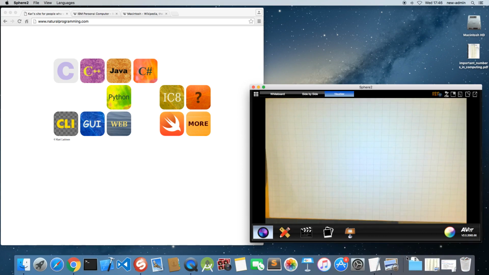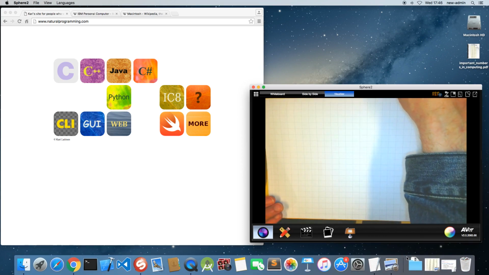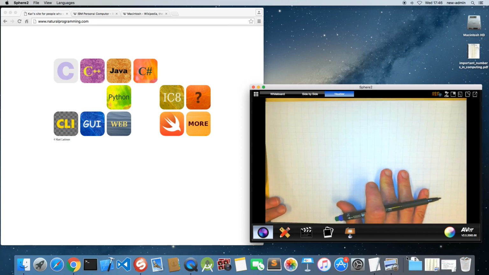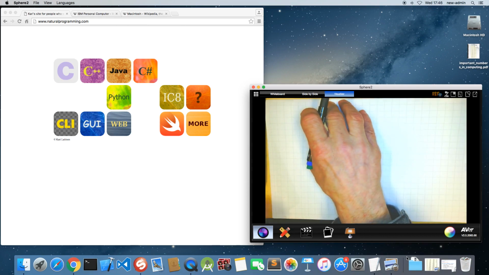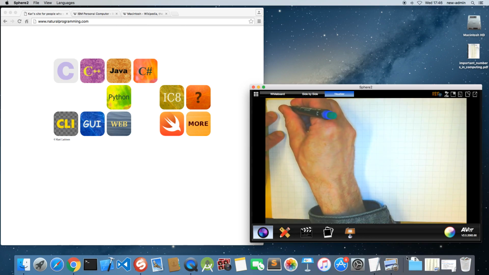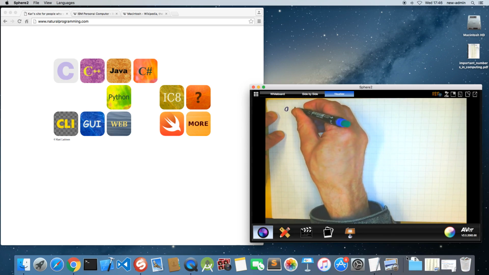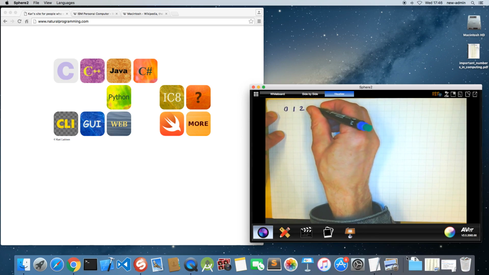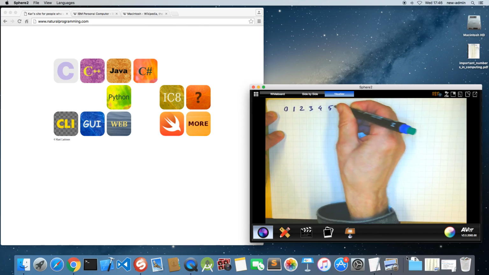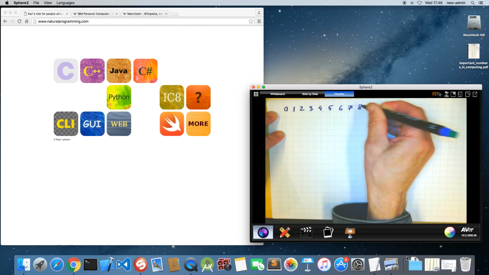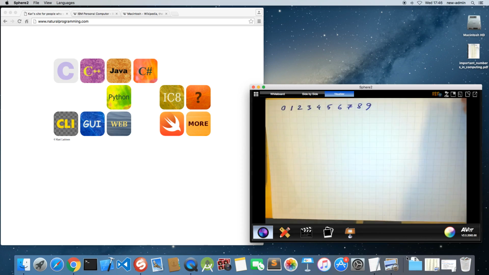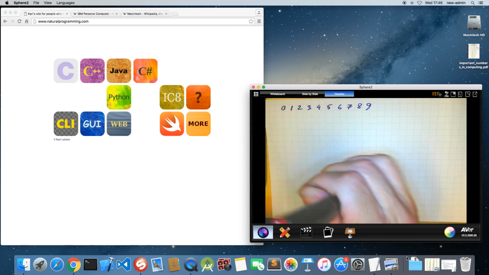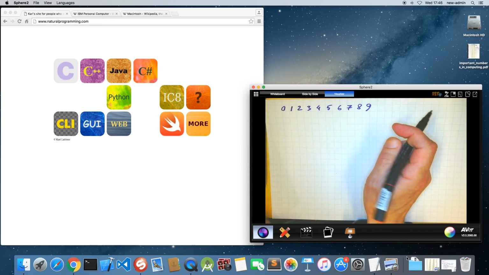So the decimal numbers are such that we have 10 different numerical symbols which we use to make all the numbers, and the 10 numerical symbols are these: 0, 1, 2, 3, 4, 5, 6, 7, 8 and 9. So with these numerical symbols we can construct all the numbers that we need.